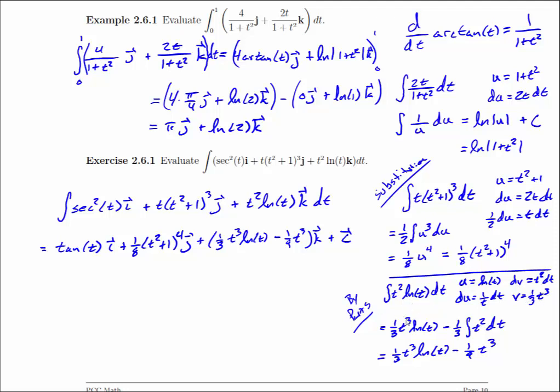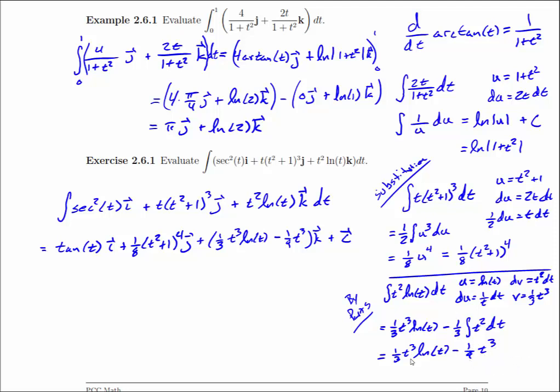And so this whole antiderivative is u times v, 1/3 t cubed natural log of t, minus the integral of v du, so minus 1/3, and then 1 over t times t cubed is t squared, and dt comes down right here. And now I can take this antiderivative, so that's going to bump up to a 3, which I also divide by to give me a 1/9 t cubed.